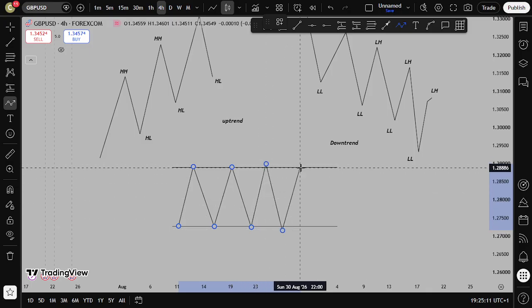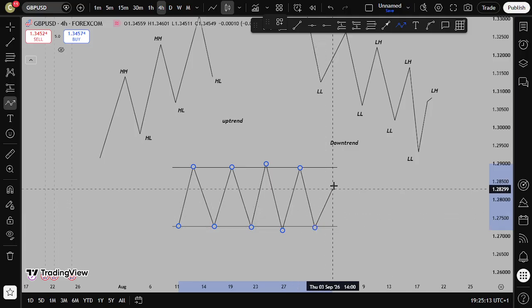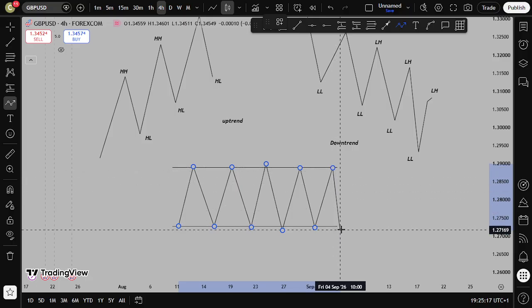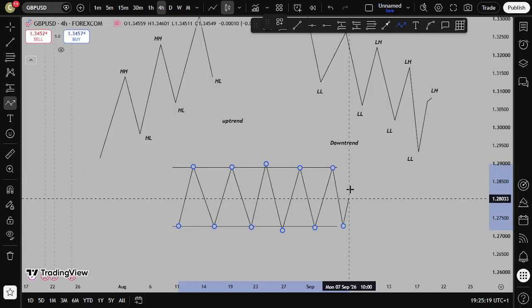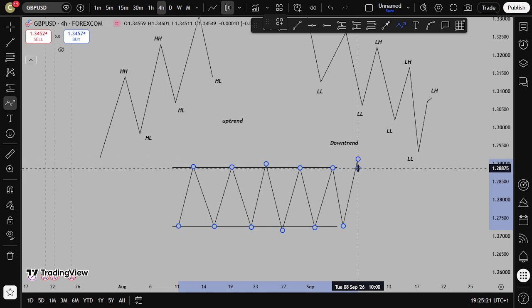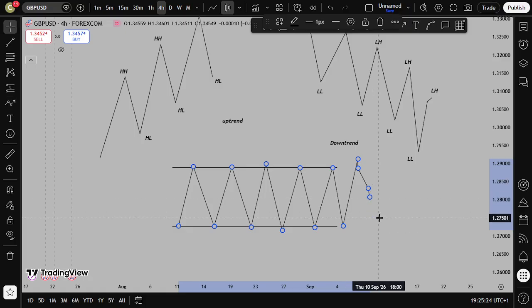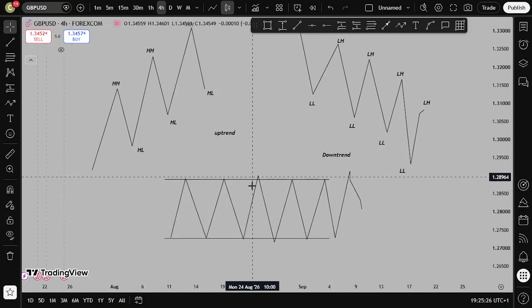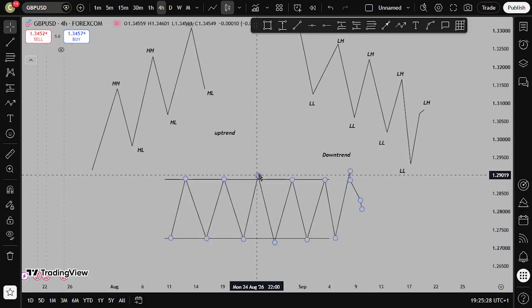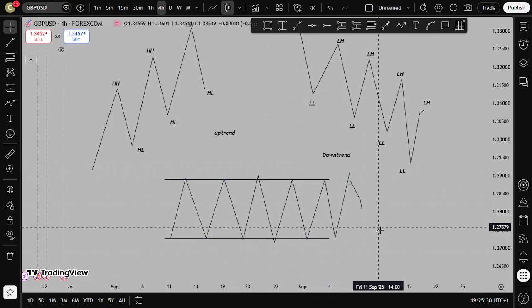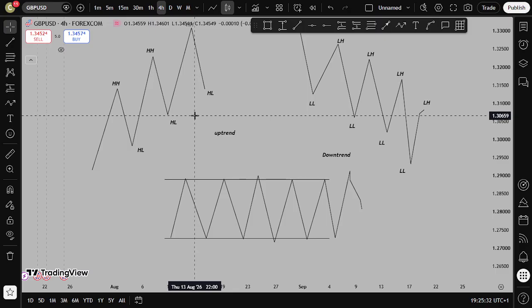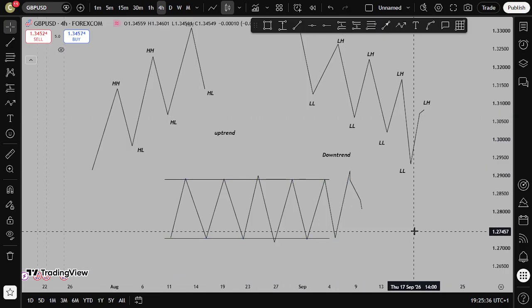No one is stronger than the other. So here in this case, no trend exists. No trend. So identify here, the only way a trend continues is if price breaks either above this line or below this line and continues giving us either higher high, higher low, or lower high, lower low.